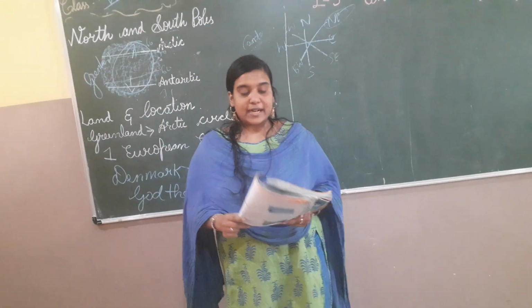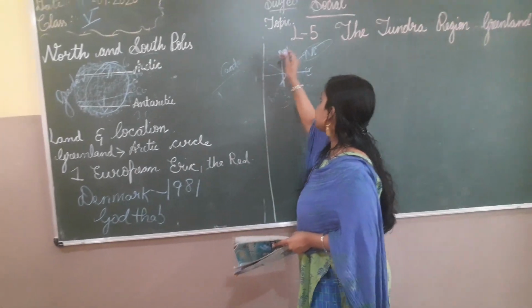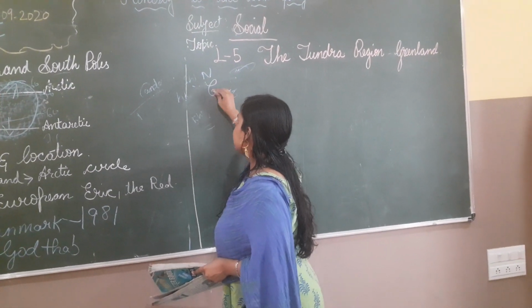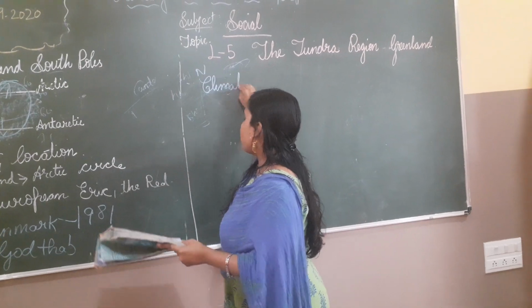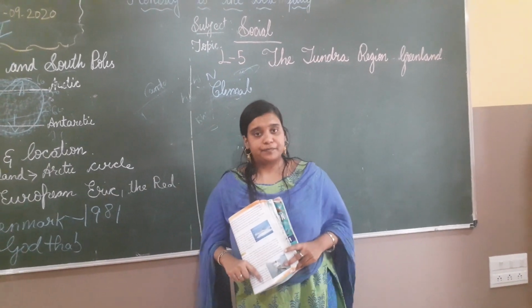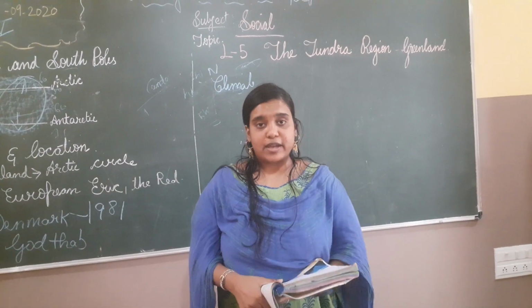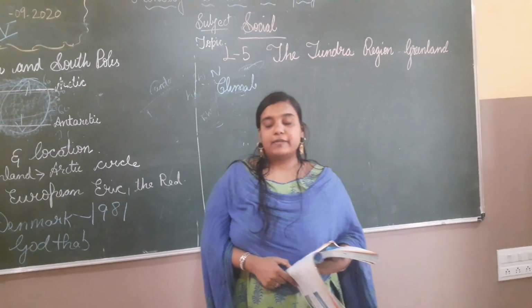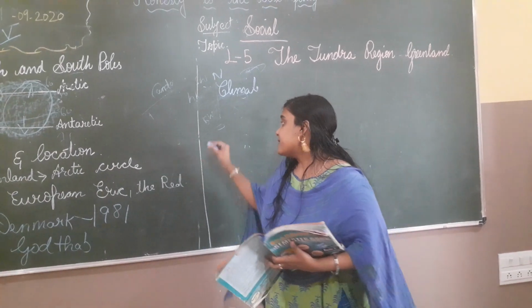Now we are learning about the climate and vegetation. How is the climate? Since Greenland is far away from the equator, there is no proper sunrise, and the sun's rays do not fall properly.